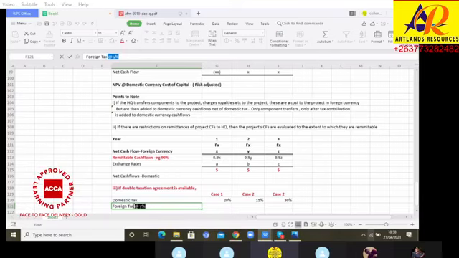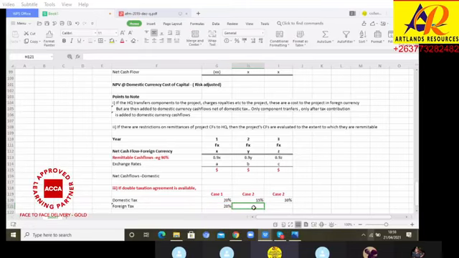Now foreign tax, let's say on case 1 foreign tax is 20%, on case 2 foreign tax is 22%, on case 3 foreign tax is 20%.